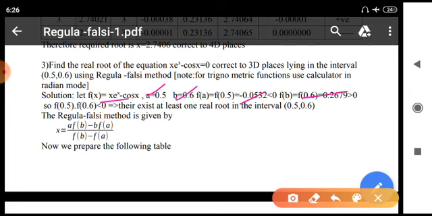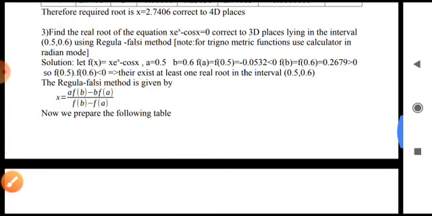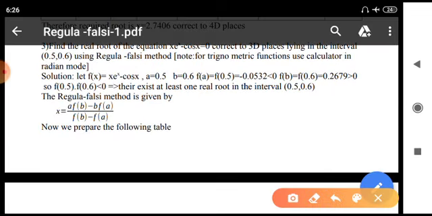So f of A is less than 0, f of B is greater than 0, which implies f of 0.5 into f of 0.6 is less than 0, which will imply there exists at least one real root in the interval 0.5 and 0.6. Now we write the formula. The regula falsi method is given by x equal to a into f of b minus b into f of a, whole divided by f of b minus f of a.